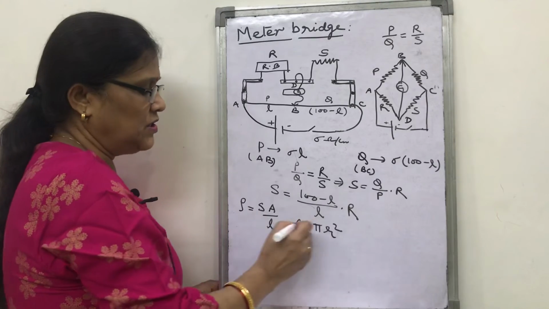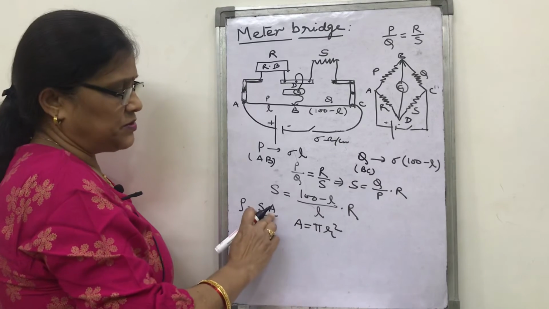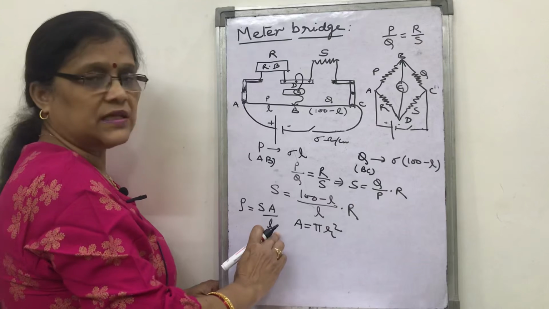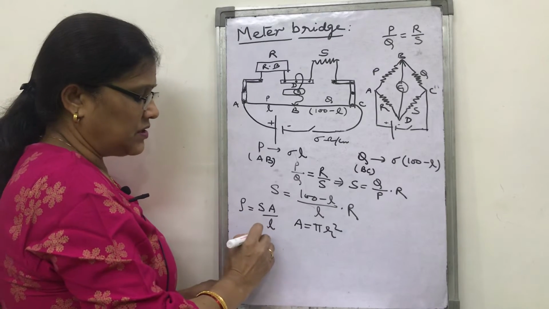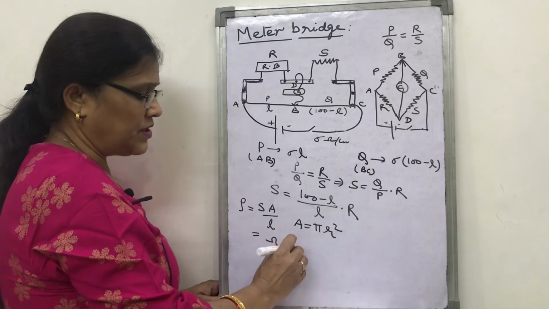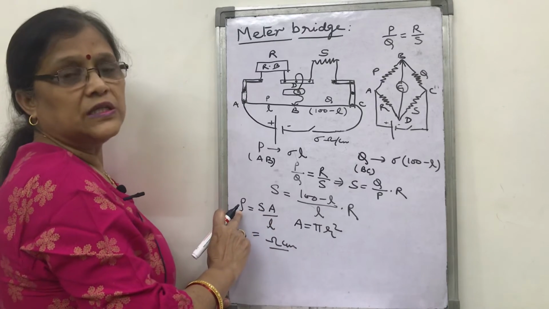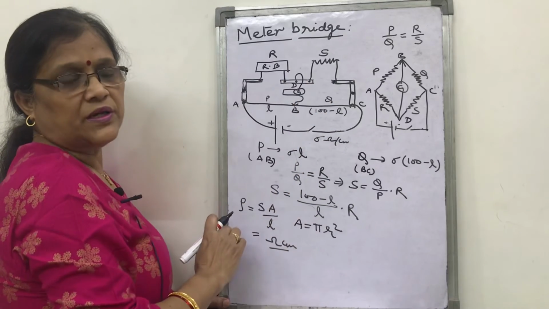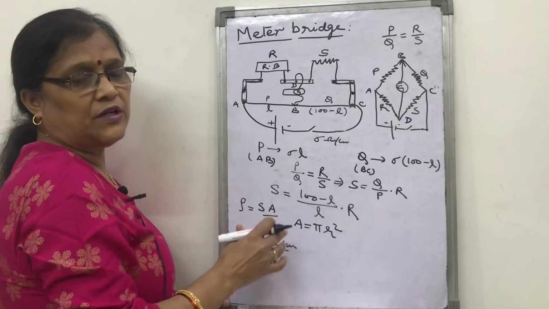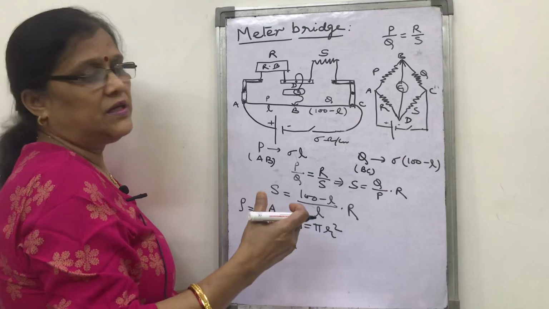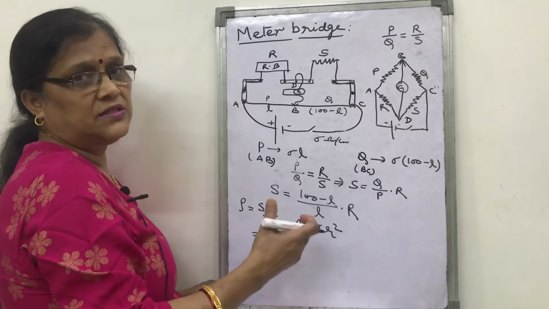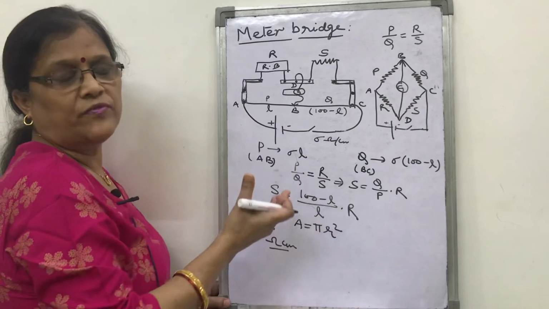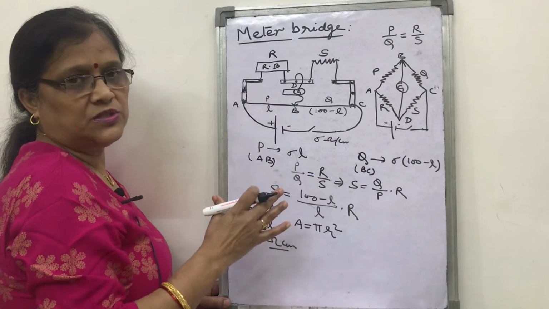By substituting pi r square and L in proper units, if R and L are in centimeter, you will get the result in ohm centimeter. From this resistivity you can find which material the wire is made of, because in the resistivity tables nichrome, constantan, manganese are alloys, and a 1 meter long wire is made of alloy.